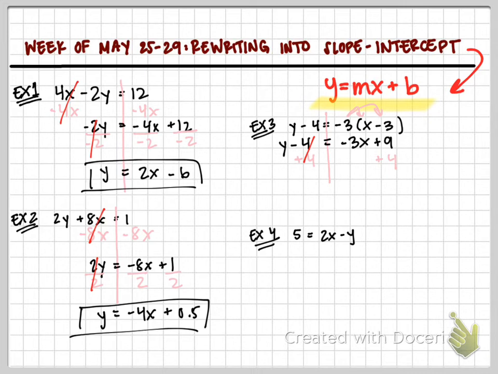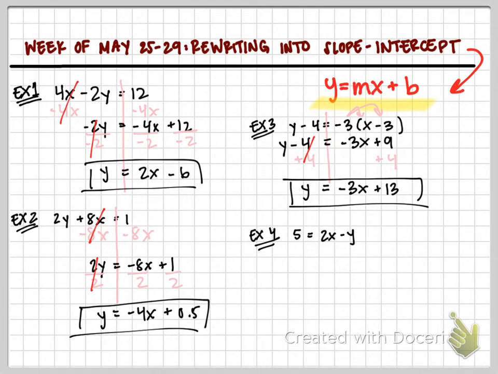We are left with y equals, the 4 does not get combined with the negative 3x. They do not have anything in common. They don't have the common variable. So we'll leave this alone, but we can combine 9 and 4. They're like terms. So that gives me 13. There we go.